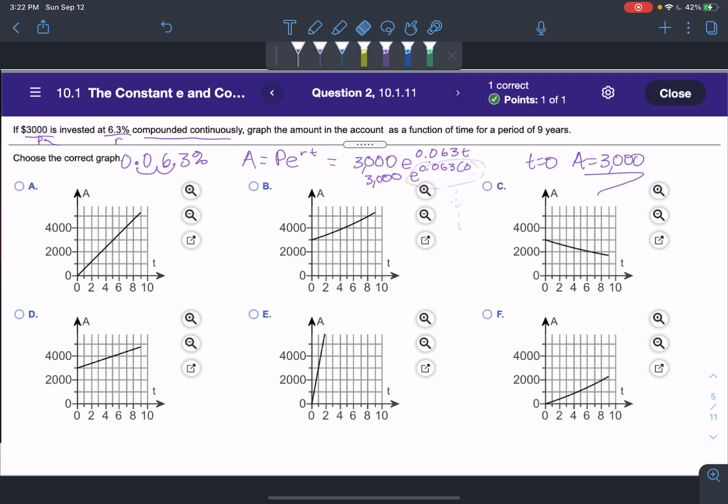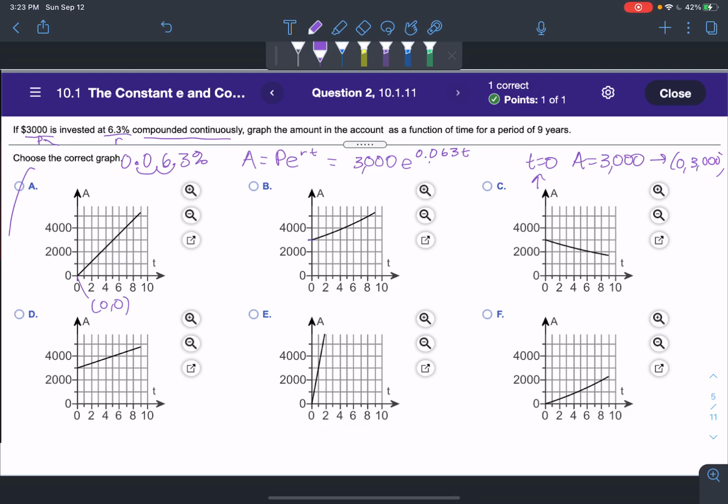So if we treat it like a function, we would have this point on the graph. t is my input and A is my output, so I should get the point (0, 3000). So let's find which graph has (0, 3000) on it. A has the point (0, 0), that's not what we're looking for.